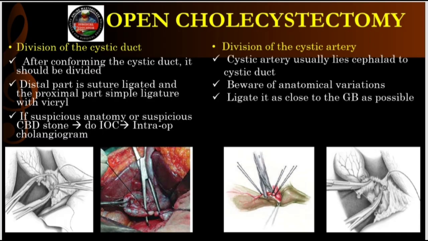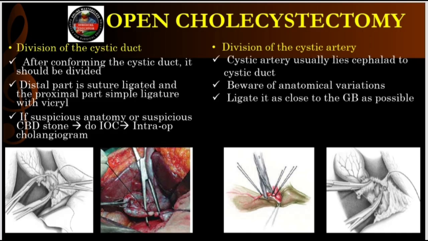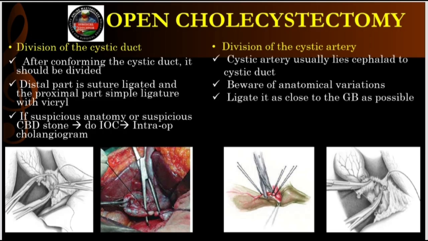So if you only use a simple friction-based tie on that remaining stump, there is a real risk that the constant internal fluid pressure could slowly push the tie right off the slippery end of the duct, much like a rubber band snapping off a tightly rolled piece of paper. And if that tie slips off? If that tie slips off, you end up with the 0.5% complication risk we saw on slide 2, a postoperative bile leak.